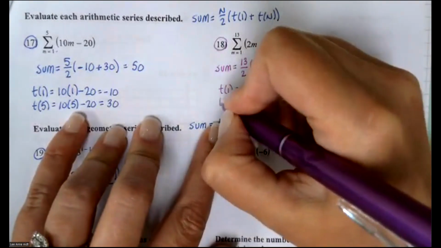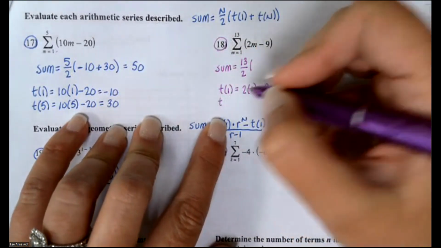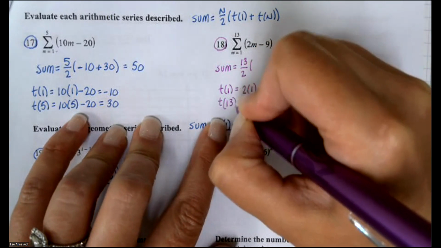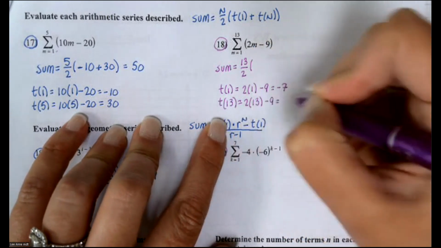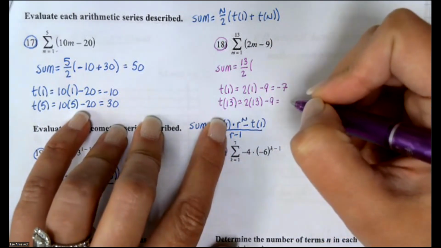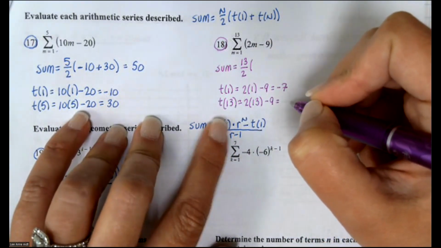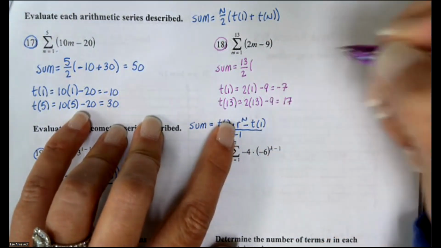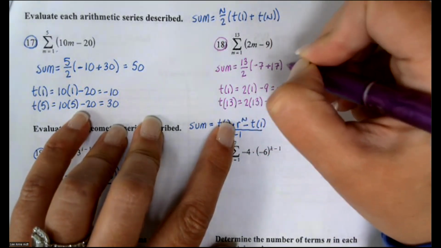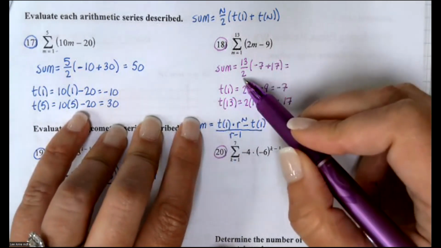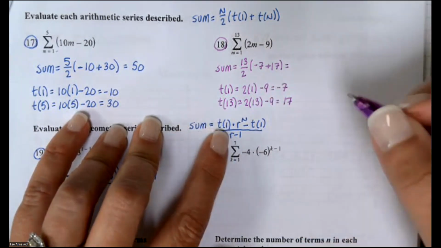And then to find the last term, I'm going to plug in 13. 2 times 13 minus 9 is 26. Minus 9 is 17. Negative 7 plus 17. Okay, so that's 10 divided by 2 is 5 times 13 is 65.